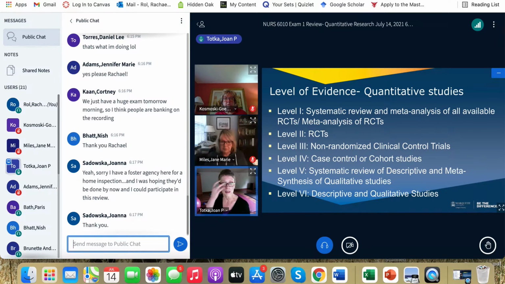And for this class, it'll be important when you're writing up your paper, because you'll put more stock in evidence if it's at a higher level. It will also be important if you're looking to make a practice change, because then you'll know there's enough evidence for making that change.